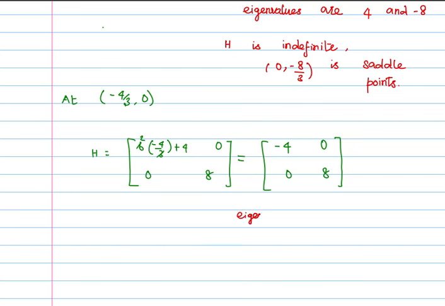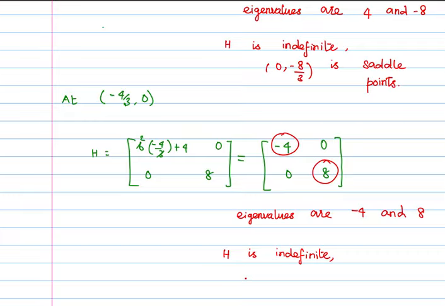So -4 and 8. So H is again indefinite. Thus (-4/3, 0) is a saddle point.